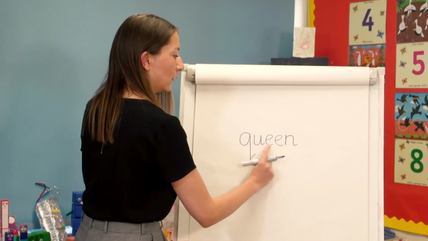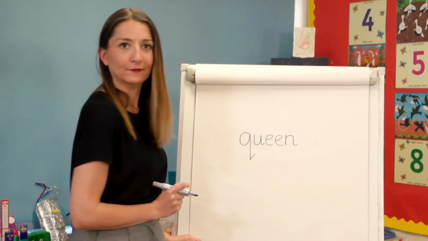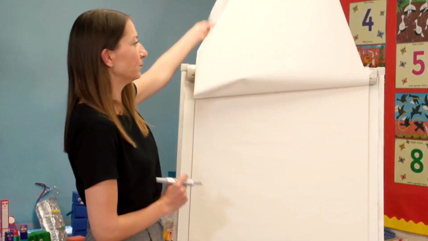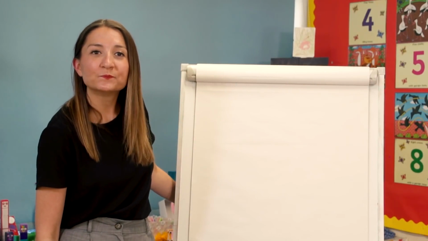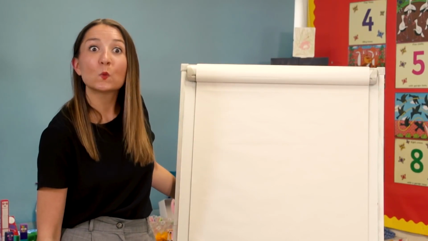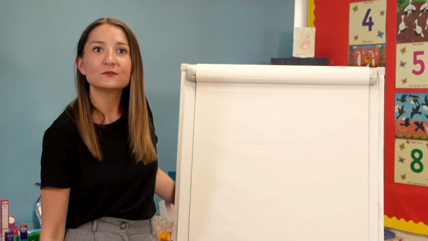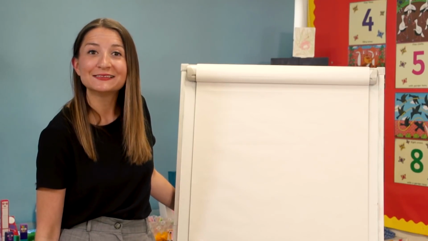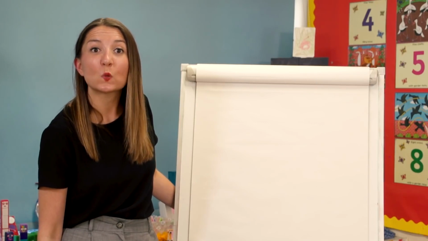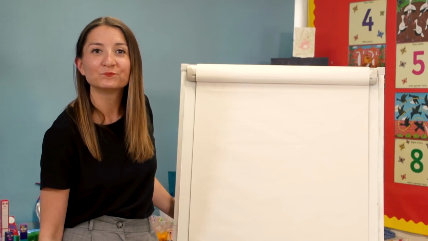Queen. qu, ee, n. Now you have a go. Say the word. Say the sounds. Write them down. There's 3 sounds in this word. And don't forget the digraphs, qu and ee.